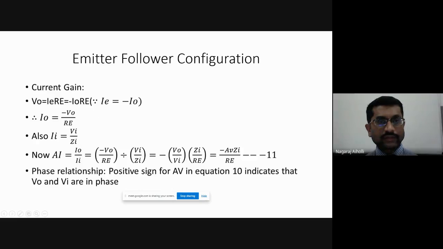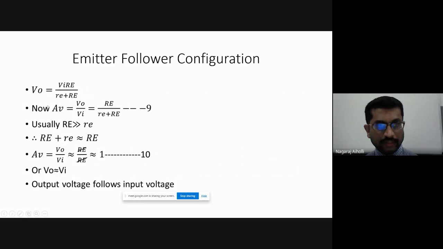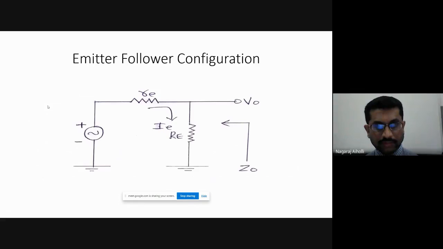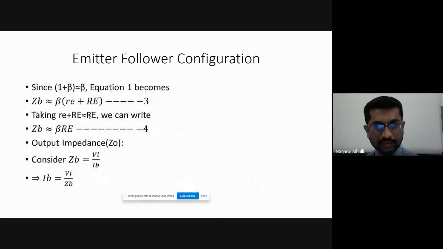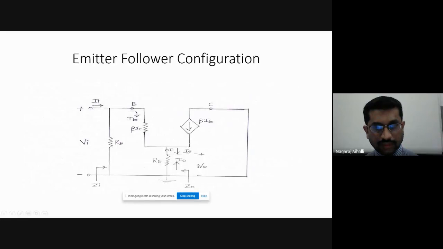Next, let us find out the equation for the current gain. If we want the equation for the current gain, first we have to write the equation for output current and input current, then take the ratio of output to input current. Now, the equation for the output voltage V0, we know that it is I into capital R. Here, in this equivalent circuit, V0 is given by IE into capital RE.